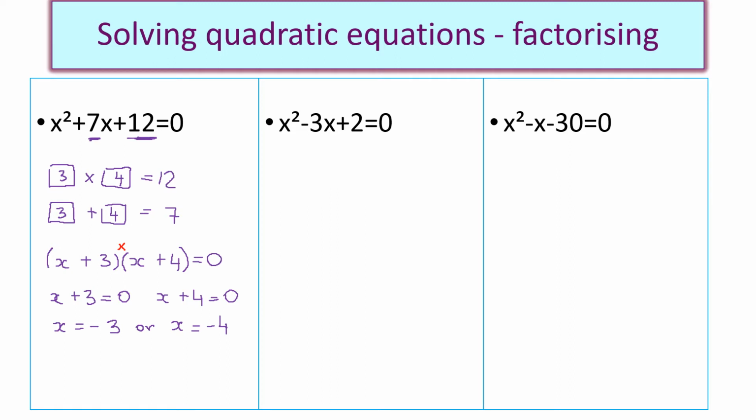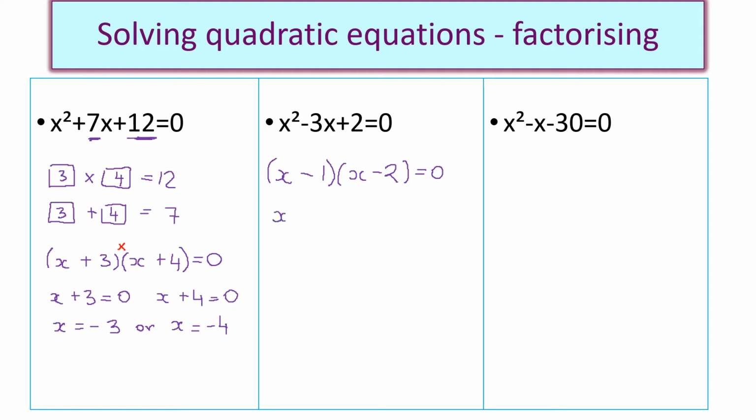In the next example, again, I want two numbers that I times to get positive 2, and the same two numbers that I add to get negative 3. So the two numbers must be minus 1 and minus 2. This is what I get when I factorize this expression.